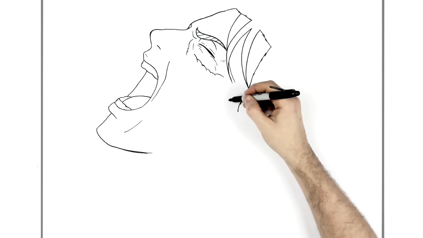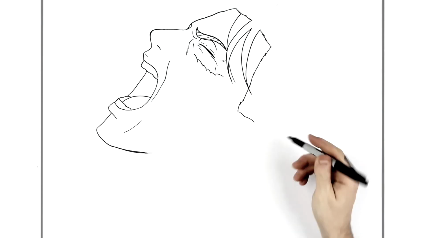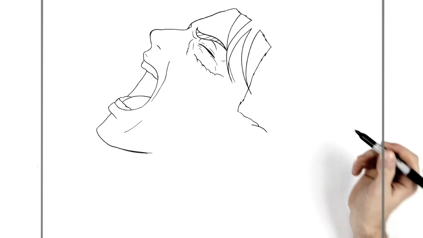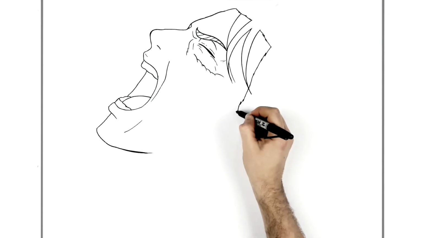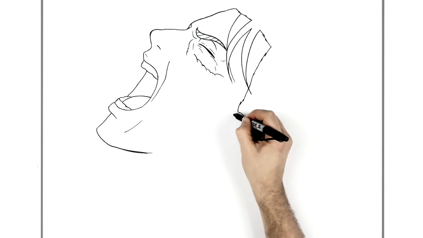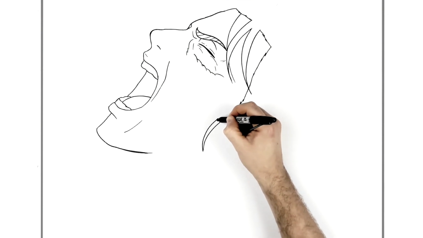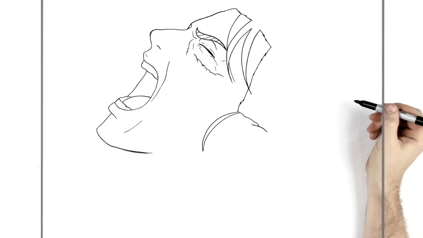And then his sideburn kind of bumps out this way, and his ear is tilted right back, okay? So the ear comes out there. I think there's another piece of hair just here, just coming out from his head there.